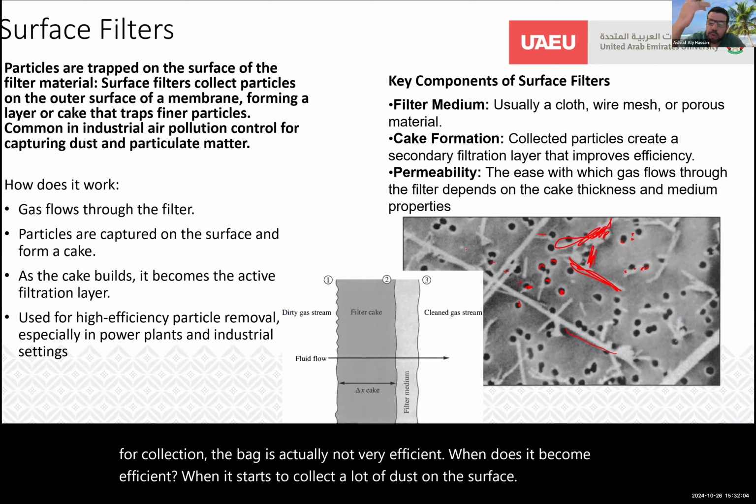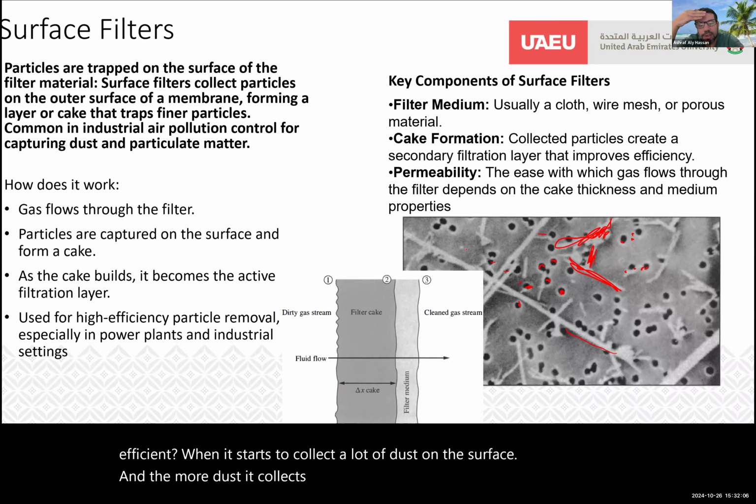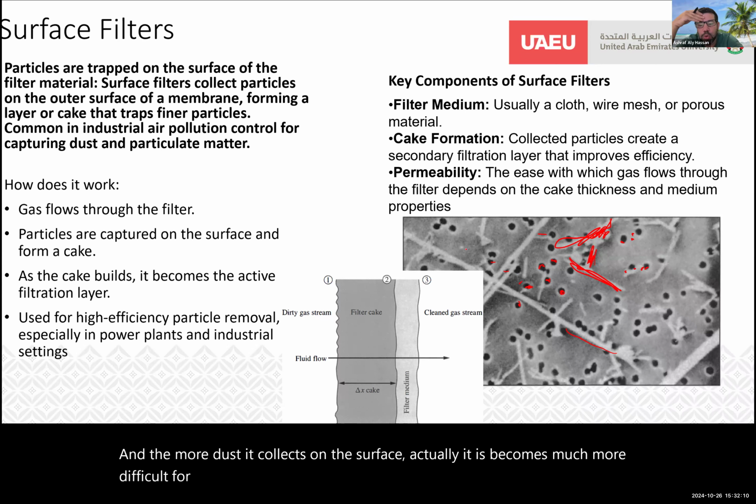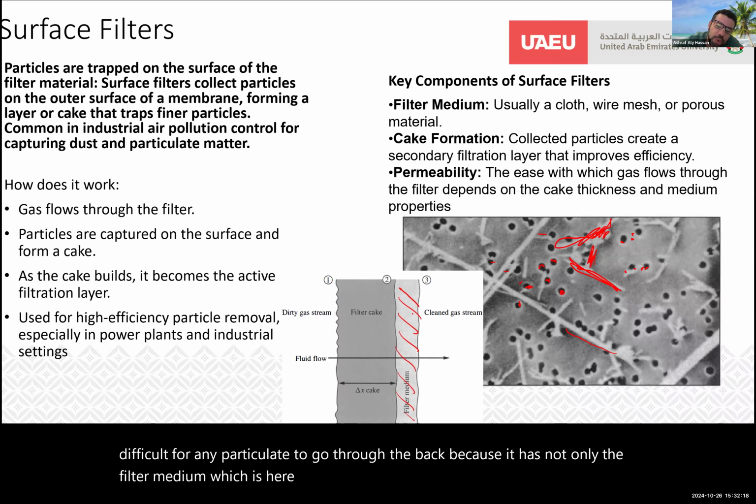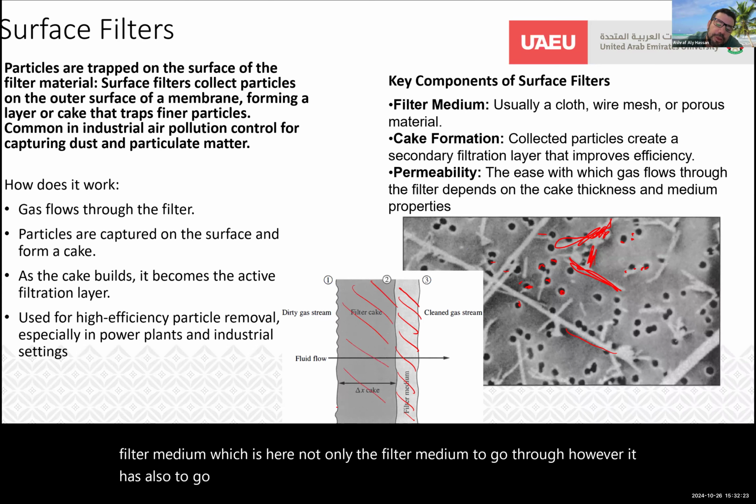The more dust it collects on the surface, the more difficult it becomes for any particulate to go through the bag, because it has not only the filter medium, which is here, to go through, however, it has also to go through the filter cake layer, delta X. Delta X will be the filter cake layer.